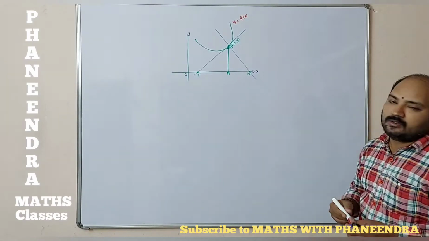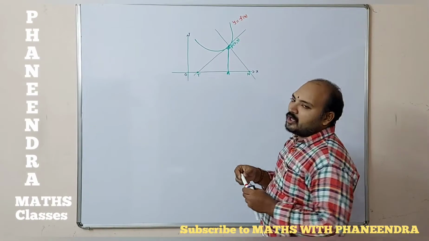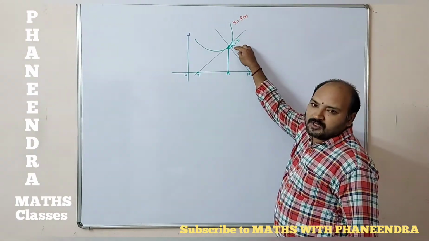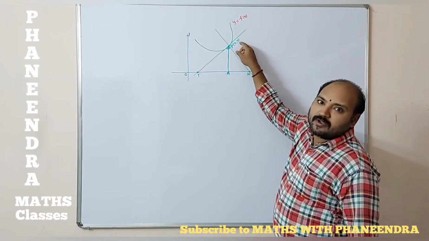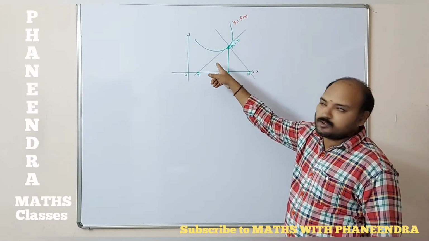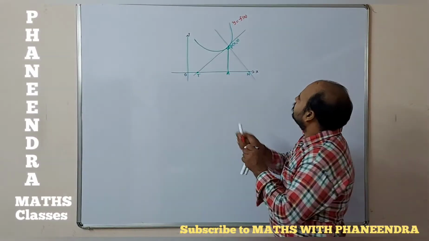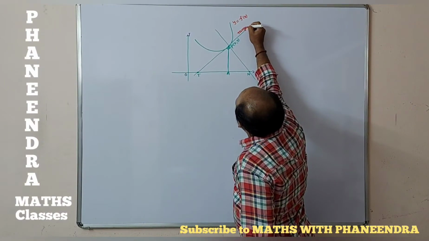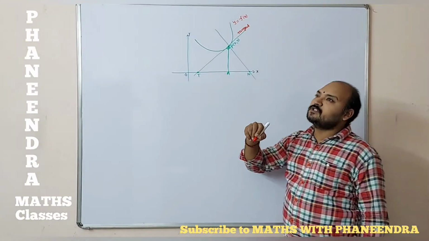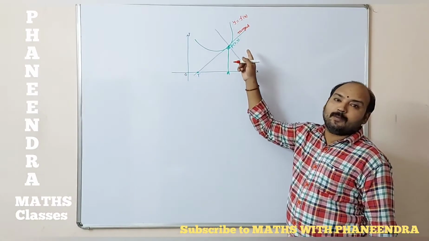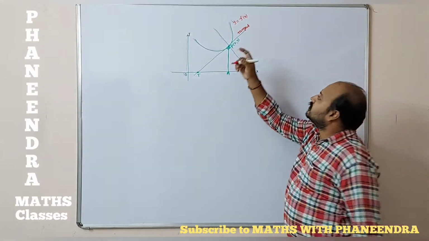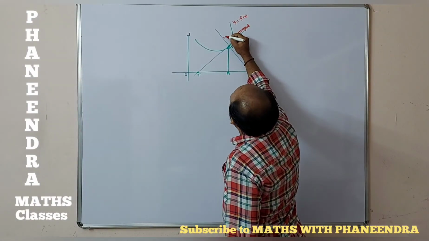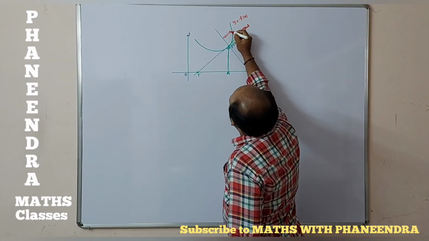So from the figure, the line which touches at the point P is called tangent of the curve. So this is the tangent equation. The line which is passing through the point P and perpendicular to the tangent is called normal. This is normal.